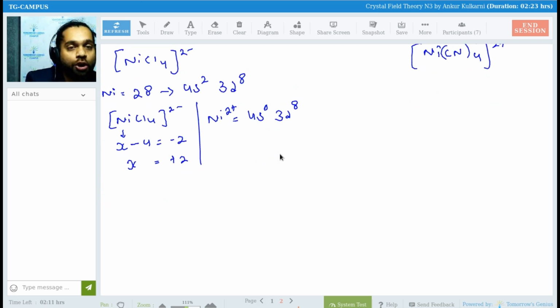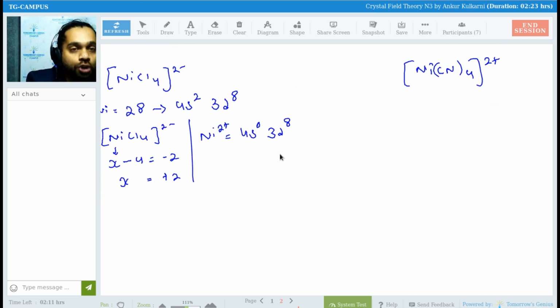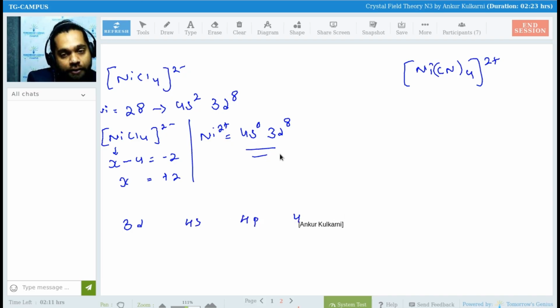So you have to draw those orbitals. First, I'll start with this nickel 2 plus. Now remember, in the VBT, you have to go in the order: first 3, then 4, then 5, like that. For example, 3D will come first, then 4S, then 4P, then 4D.